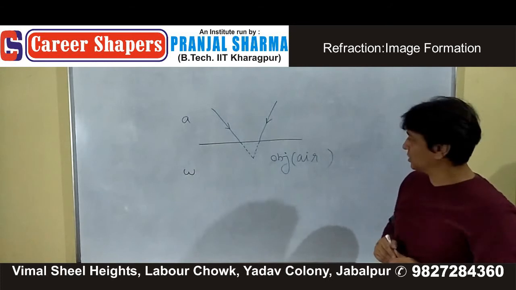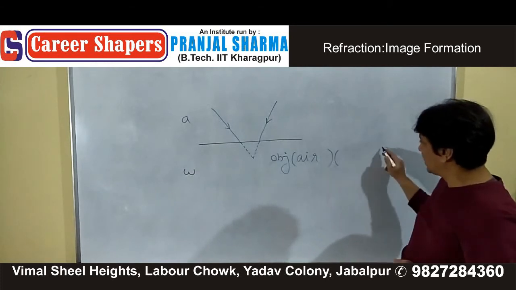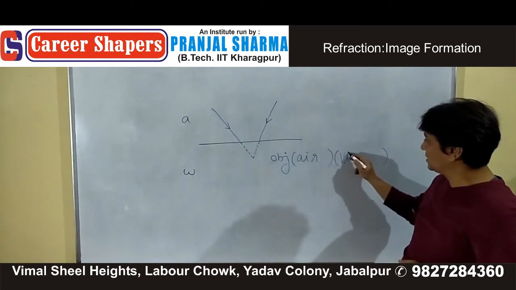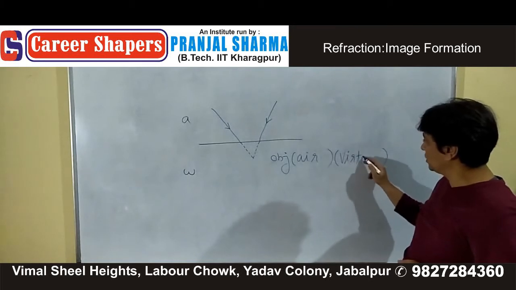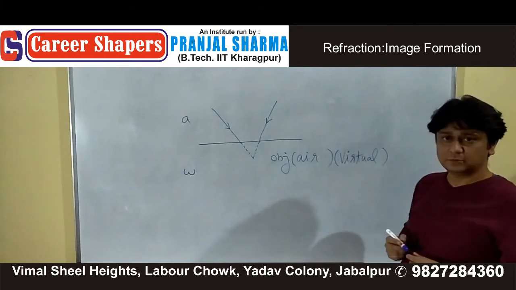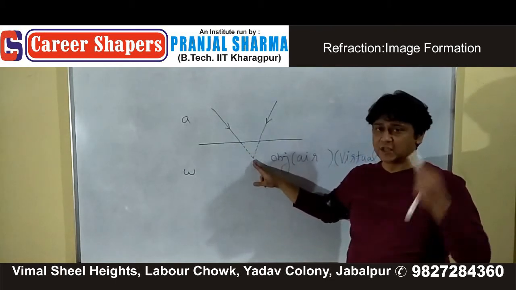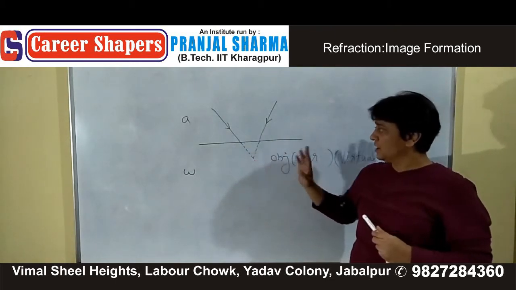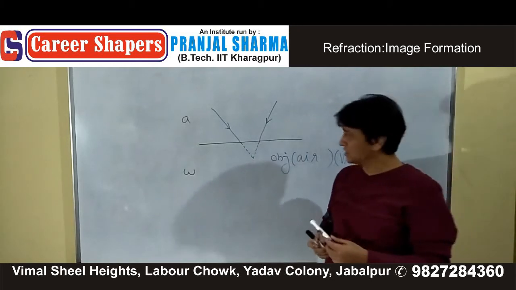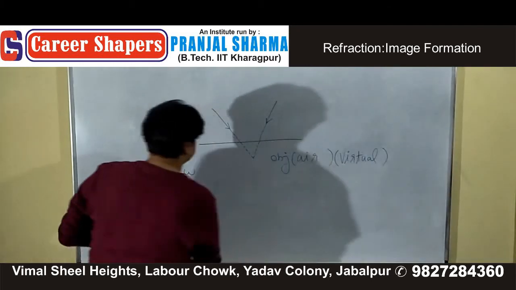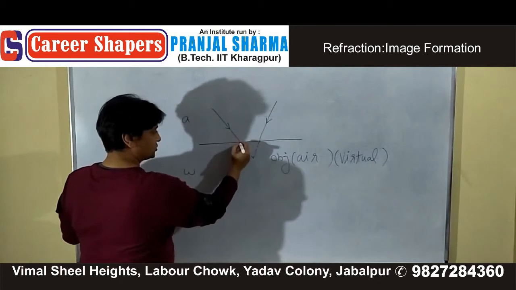There is a contradiction, and because of this contradiction, this object is what? Virtual. How do you decide object? Intersection of incident rays. Remember this point. Now, once you found this intersection, then let's draw the normals.